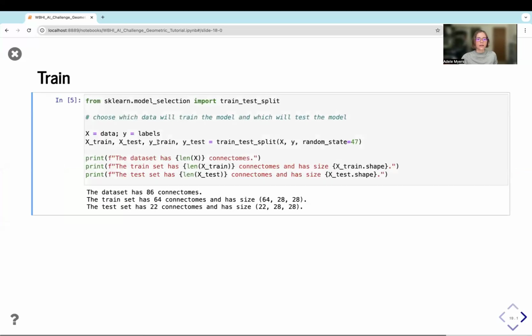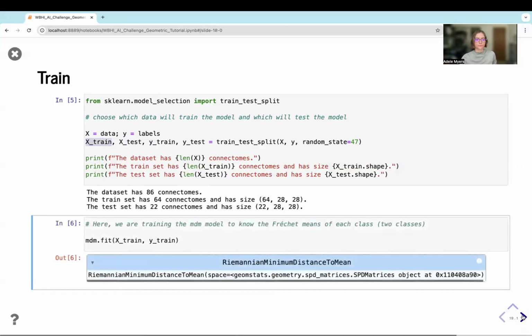Now, first we split the data set into a train data set and a test data set. The train data set is what we're going to use to train the model, and the test data set is what we're going to use to test the model, to see how well it can classify connectomes that it's never seen before.